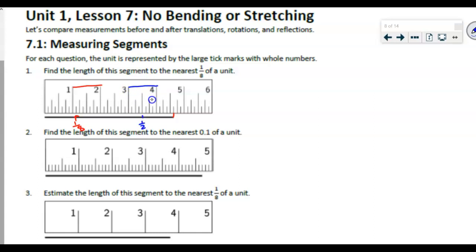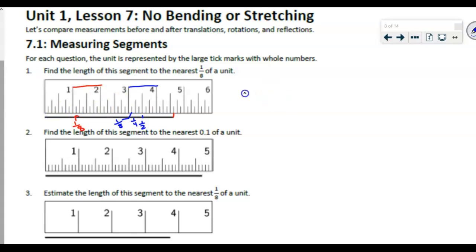And then the next tallest mark takes those halves and it splits them in half, making each one of these markings a fourth. And then we can see that within the fourth, we have another marking splitting it in half, making each one of those an 1/8, confirming and showing in a different way that we know that each one of these tick marks is an 1/8.